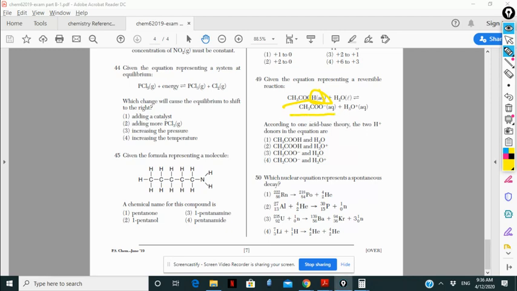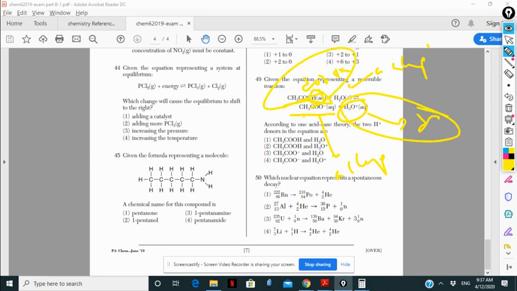So it donates. And also hydronium donates. This one is going to accept, and this is donate for the backward reaction. So the donors are hydronium ion and the acid. So it should be number 2.